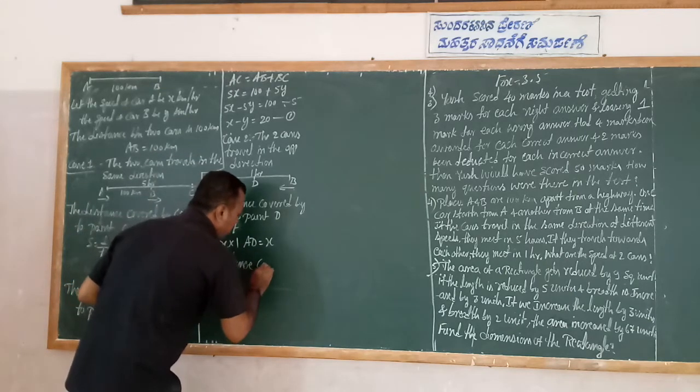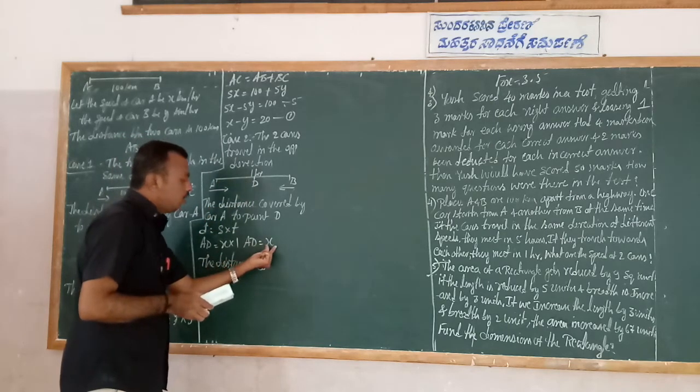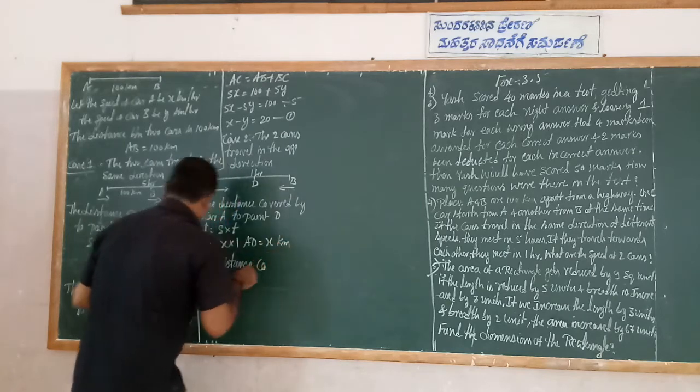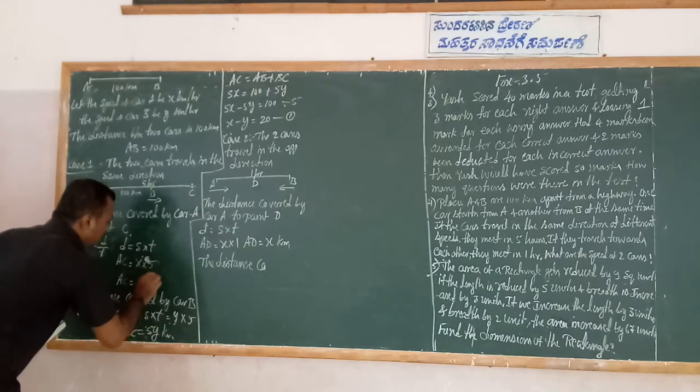So AD is x kilometer, the car is covering that much distance. This is kilometer, and this is also kilometer.